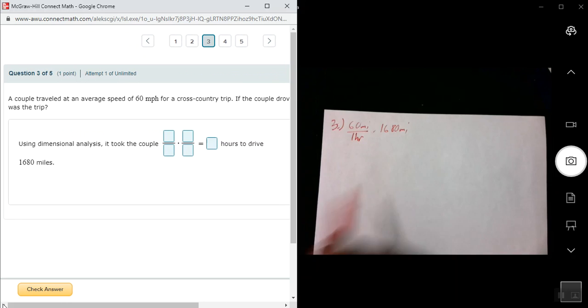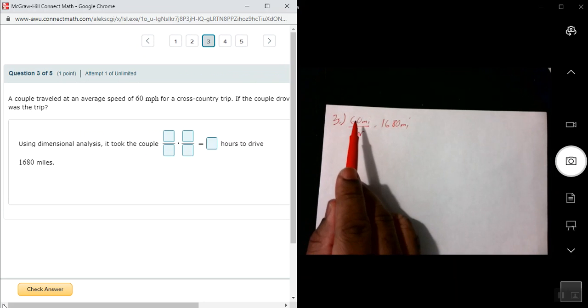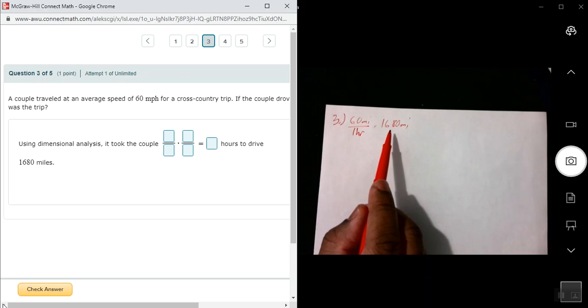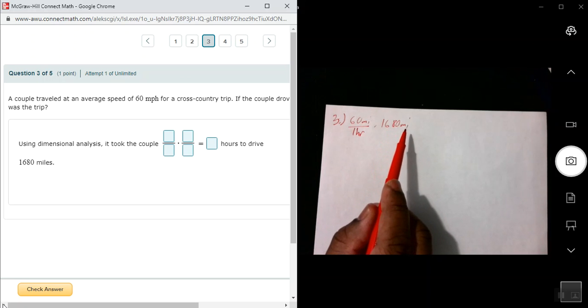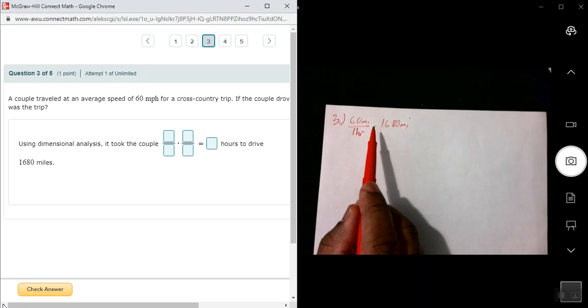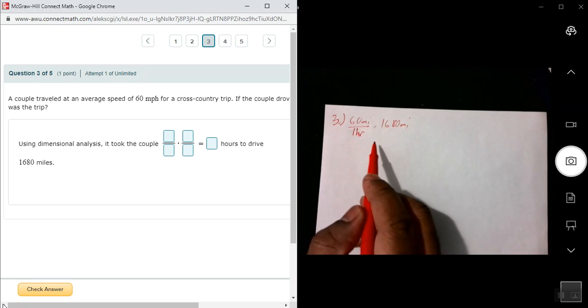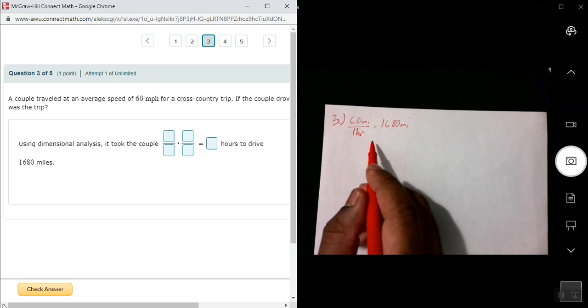Now, this is the basic setup of the problem. It's already set up in miles per hour, and then we have 1,680 miles. Now what we need to do here is reconfigure this 60 miles per hour because we want to have it strictly in hours.